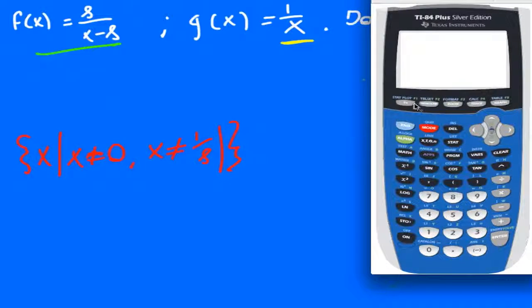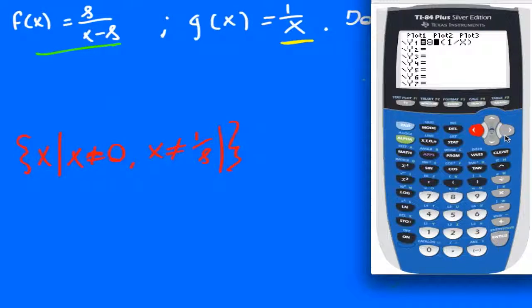Now let's see, how do we get it on our calculator? Well, we're looking for f∘g, right? So we're going to input 8 over our x, which is 1 over x, because 1 over x is g of x, and we're doing f of g. We want to put double parentheses here because this whole thing is on its own.